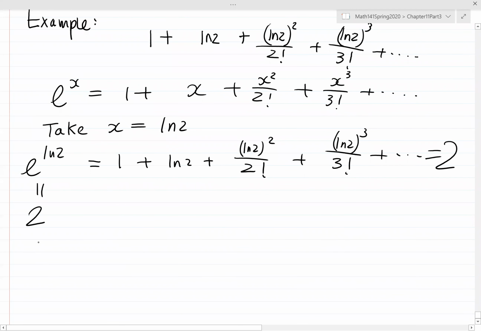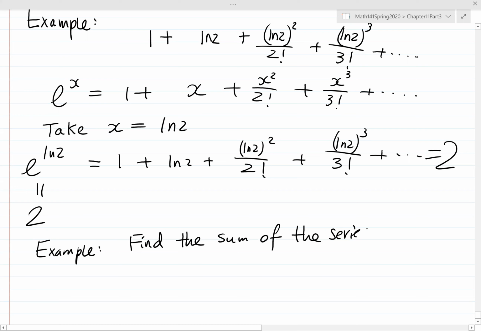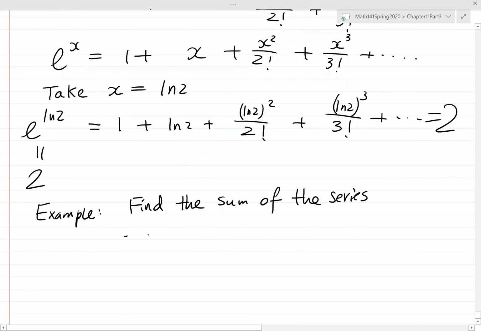Okay, more examples. Find the sum of this series. n from 0 to infinity, -1 to the power n times pi to the 2n over 6 to the power 2n times 2n factorial.